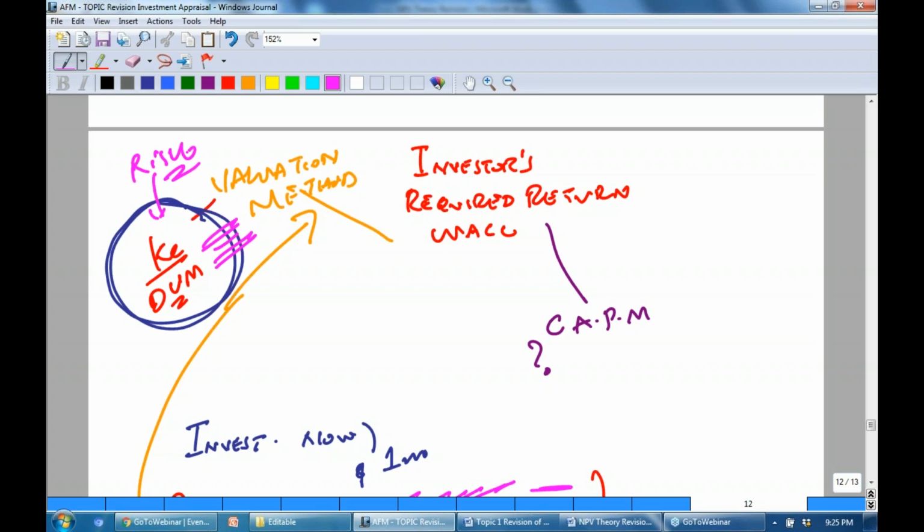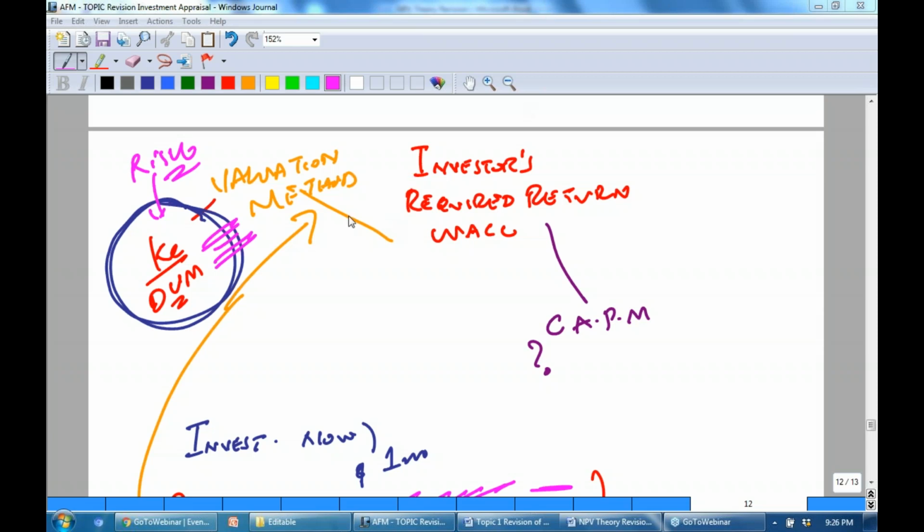Candidates, what I say to you is a very simple thing. The limitation of the dividend valuation model to calculate KE is that we calculate the return without the consideration of the risk.